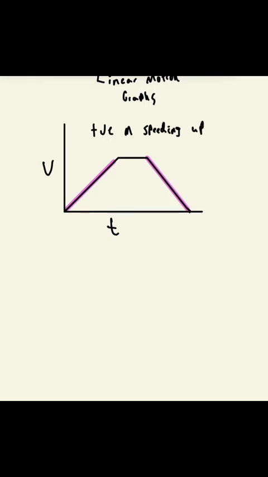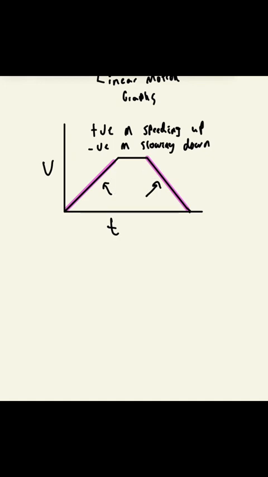Now, if it's negative, that means it's slowing down. So if we look at our graph now, we have a positive gradient at this point here and a negative gradient at this point here. So the object was speeding up, then it stayed at a constant velocity and started slowing down again. So that's what's happening there.